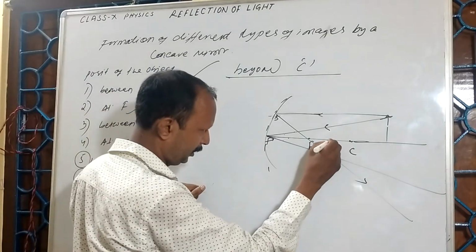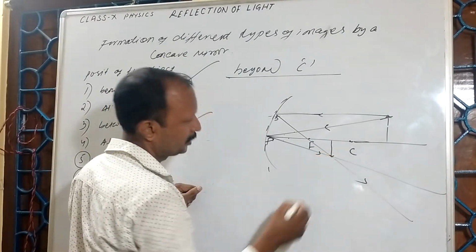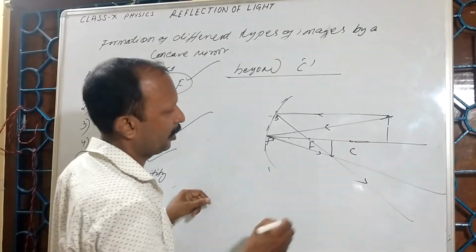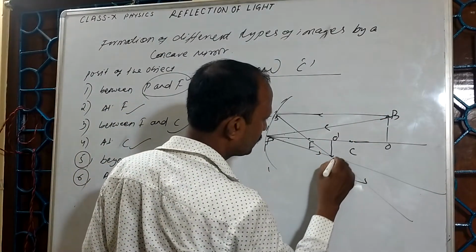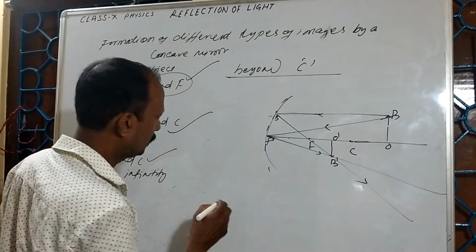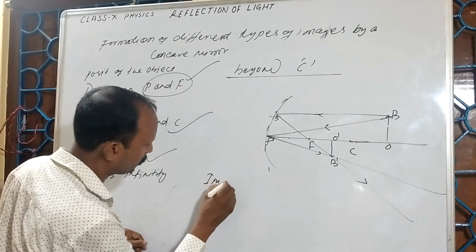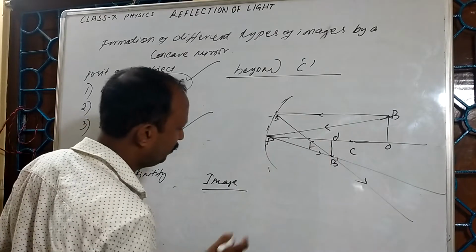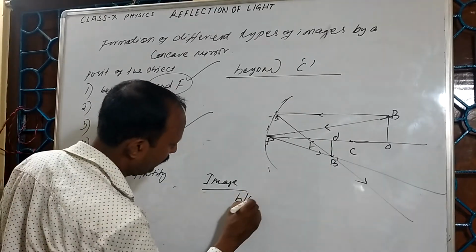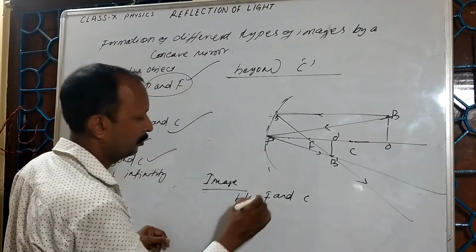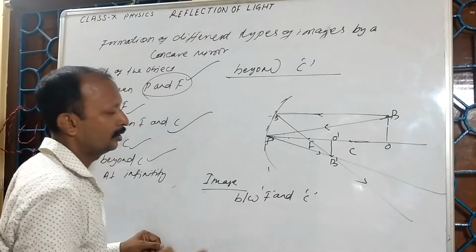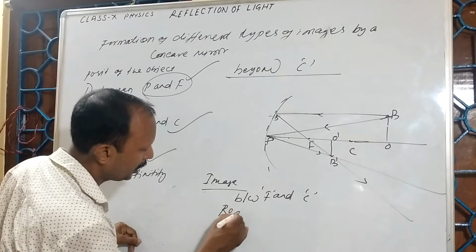Now, where are they meeting? They are meeting at this point. OB is the object, O dash B dash is the image. So, what are the characteristics of the image? Where was the image made? Between F and C. Real image.